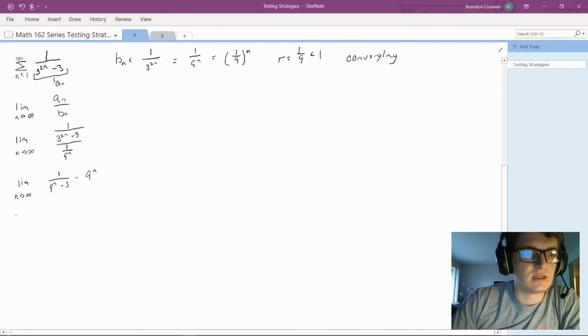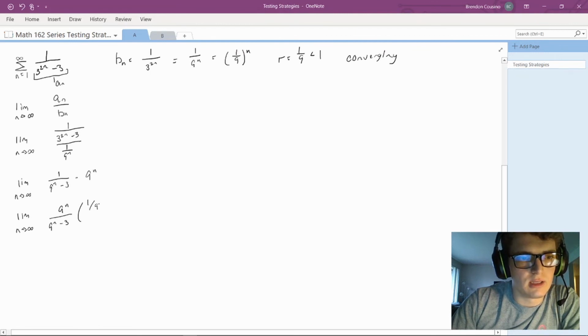Okay, so let's simplify this. It's the limit as n approaches infinity of 9 to the n over 9 to the n minus 3. To solve this limit, we're going to multiply by 1 over 9 to the n divided by 1 over 9 to the n.